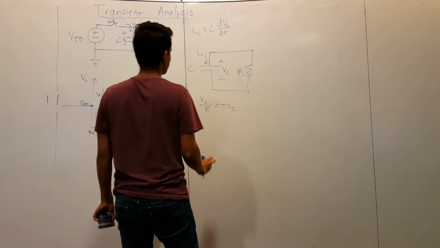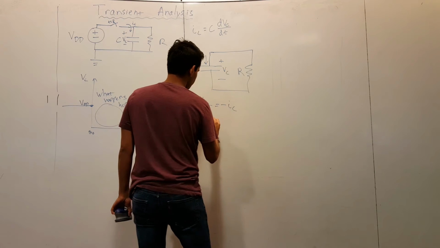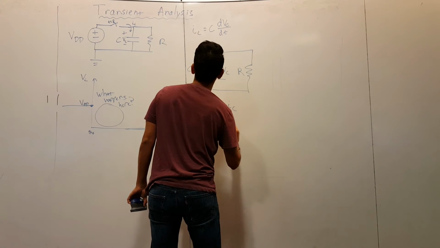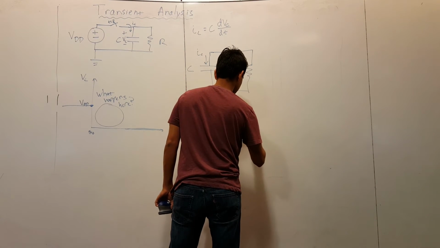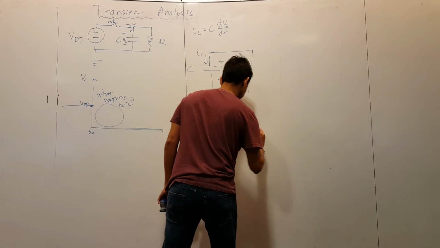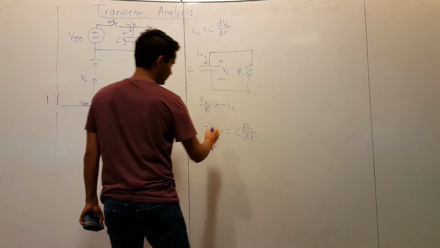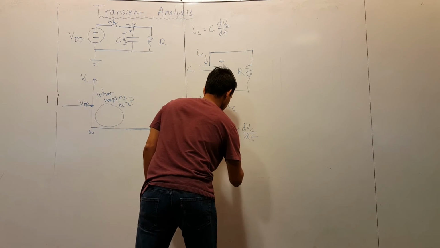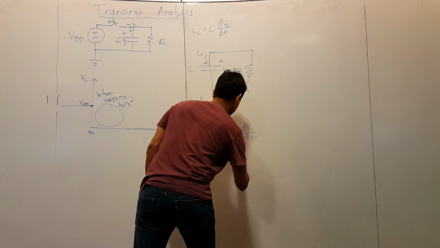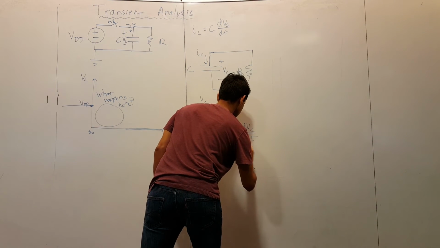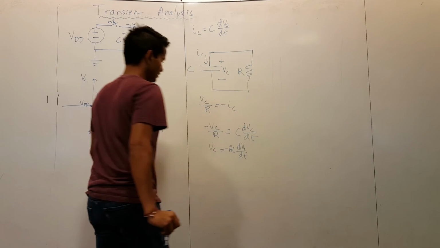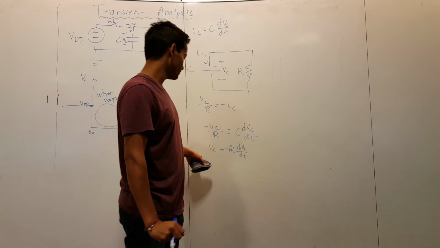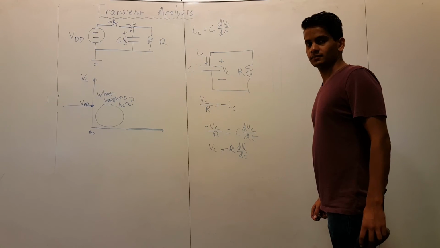We plug that back into the equation above, and we see that minus VC over R equals C dVC dt. Moving everything around, VC equals minus RC dVC dt.